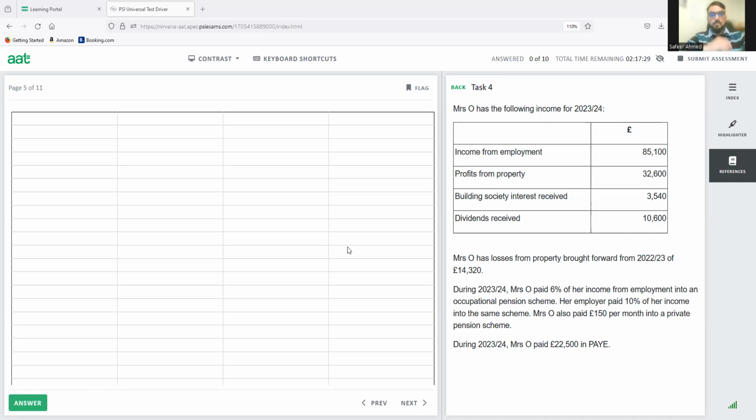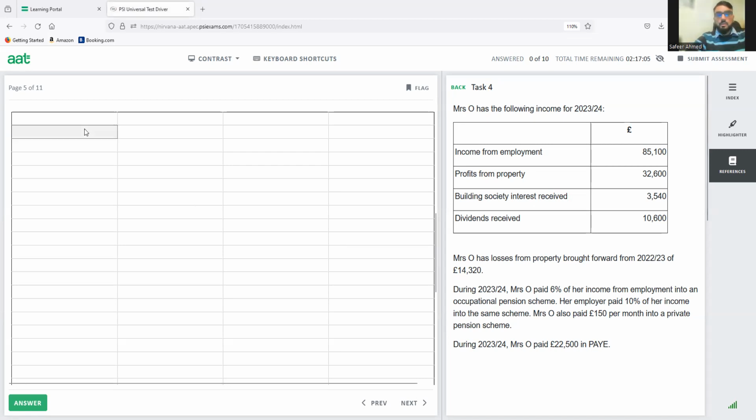First, you need to make sure you calculate taxable income for the tax year 23-24 in this question. And once you have calculated the taxable income, then of course you will be calculating income tax liability.